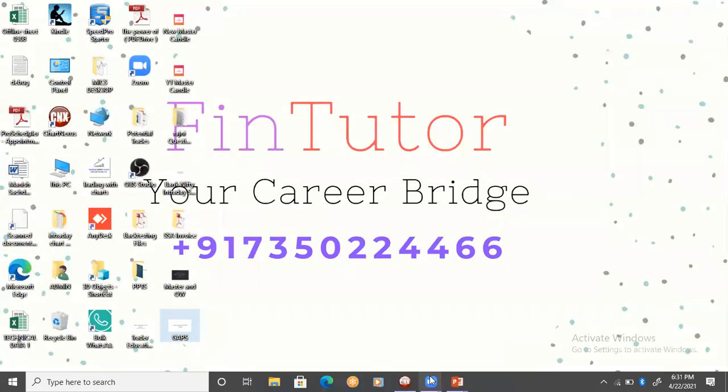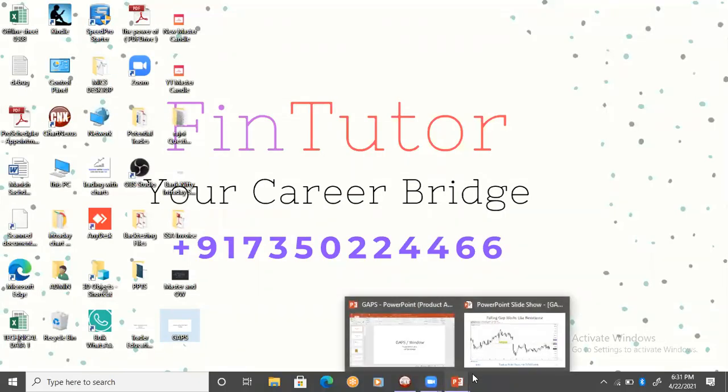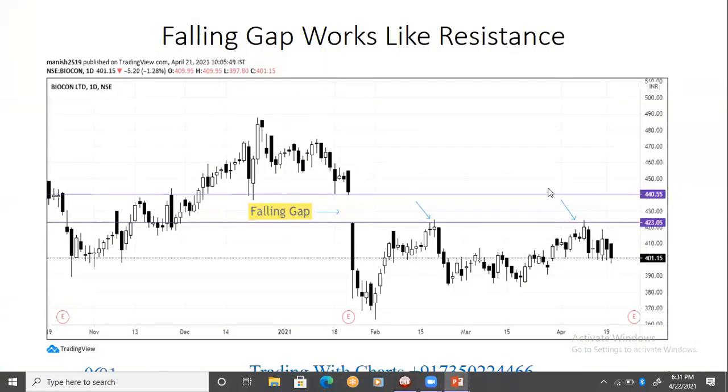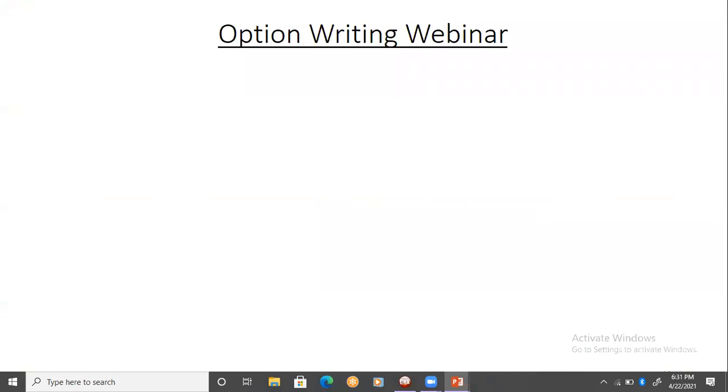Now guys, how will you trade options as per the gap? As you know now, gaps work like support and resistance. So you can sell options when you find gaps on the price graph.